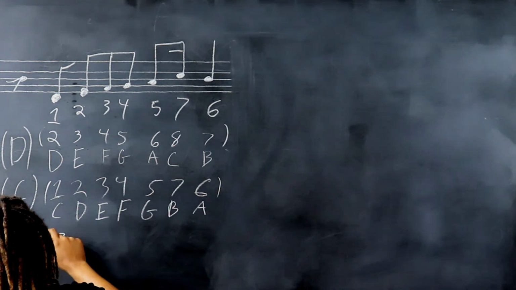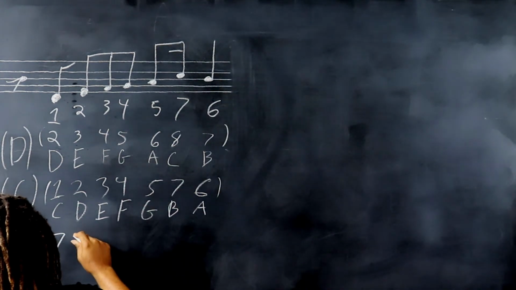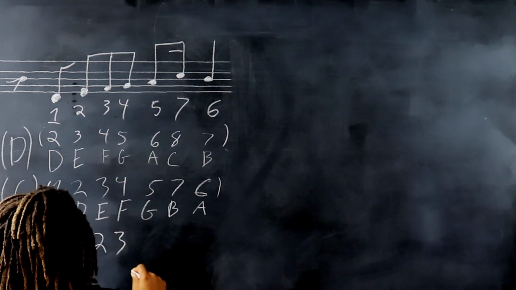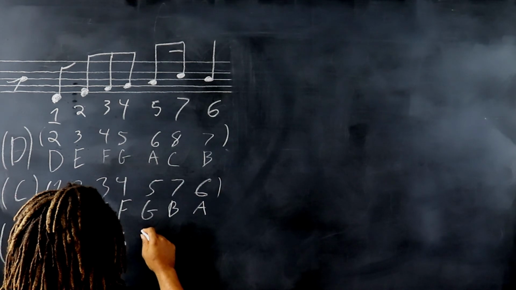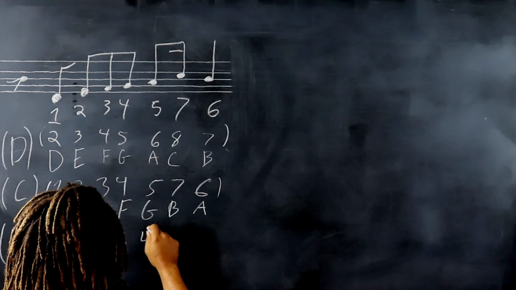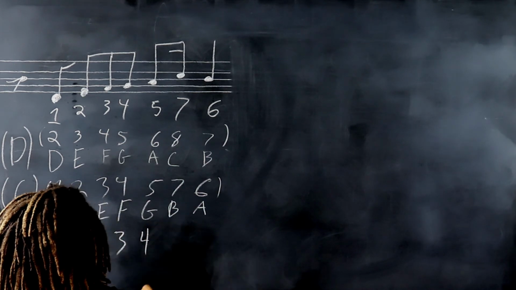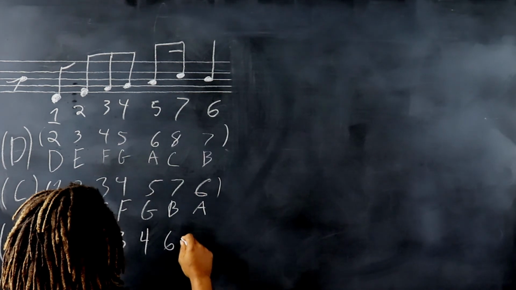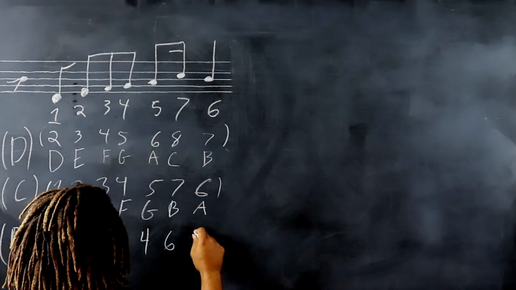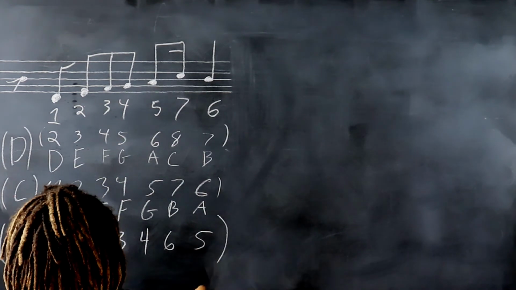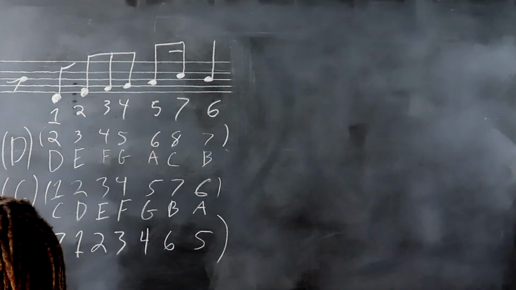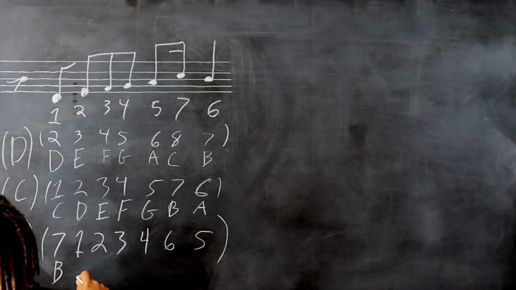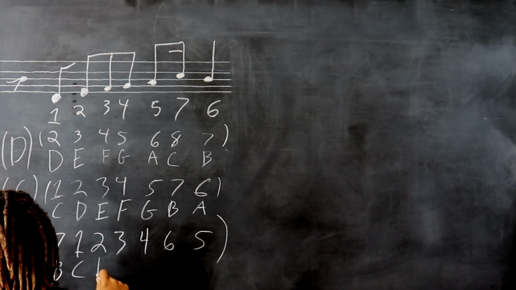On this tenor saxophone, that would be low B. We're starting on the 7, going to the 1, then the 2, then the 3, then the 4, and then the 6, and then the 5. So if you look carefully here, and I'll put the letter names here also.